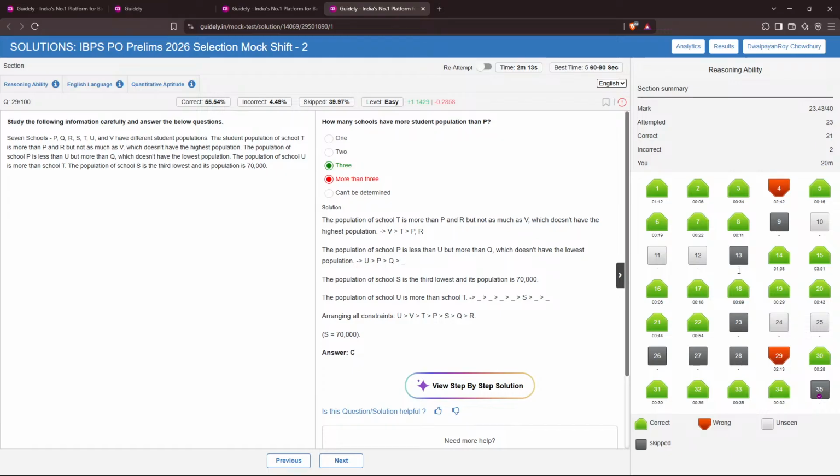Okay, so this one more than P. Okay, I got it slightly wrong. P and T. As a matter of fact, UVTS.